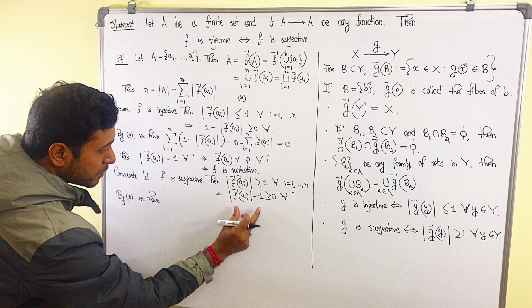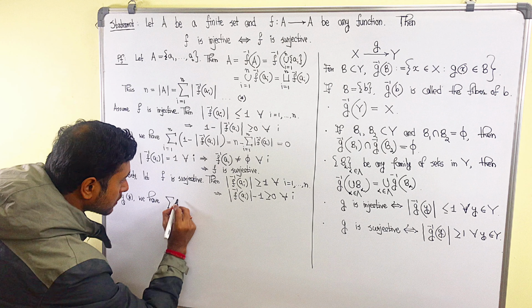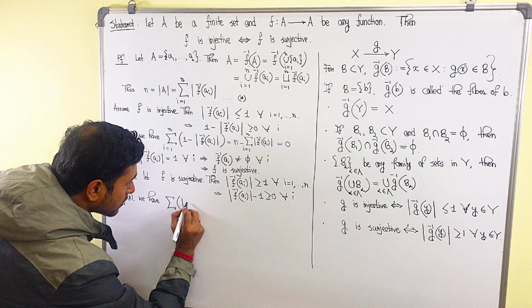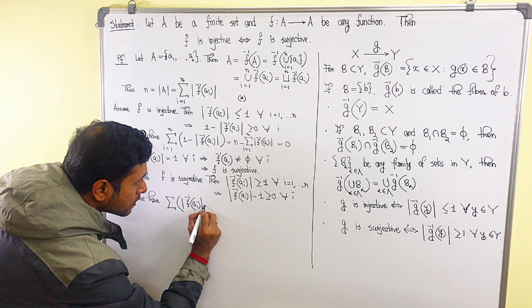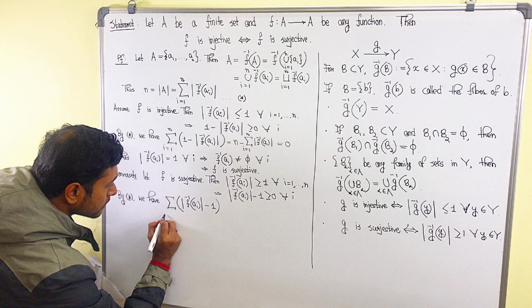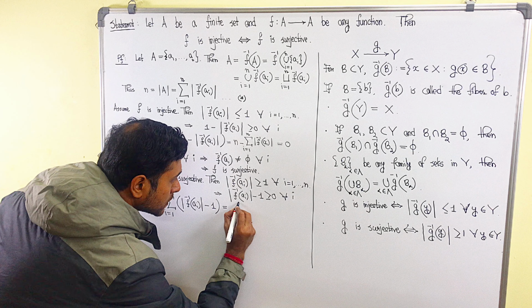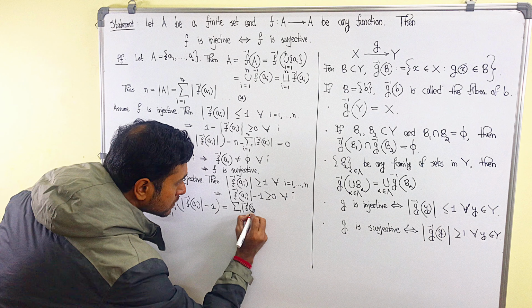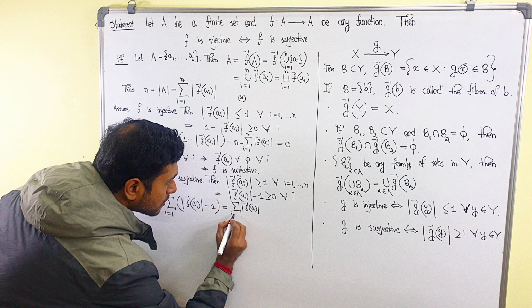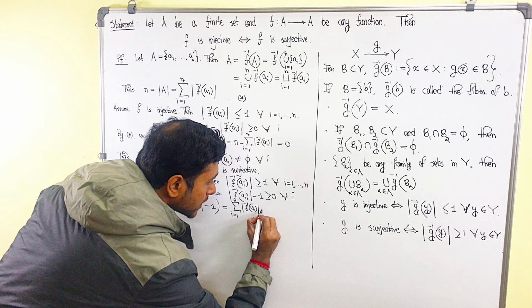let's consider the sum over all these elements. So this will become the summation of the cardinalities of these fibers minus n many 1's, that is minus n.